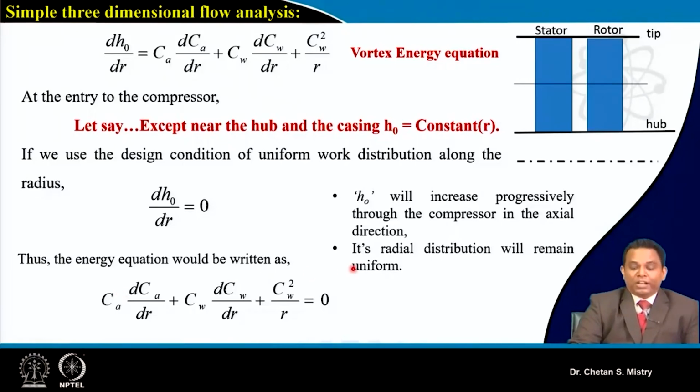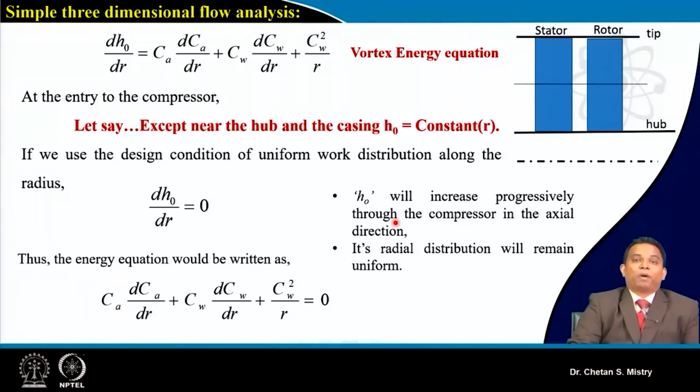Now fundamentally, let's try to understand what we mean by assuming constant work distribution. It says my H0 will be increased progressively through the compressor in the axial direction. We realized that when we discussed the TS diagram.